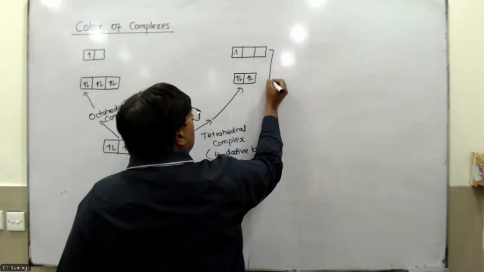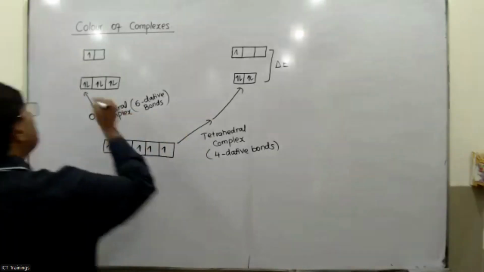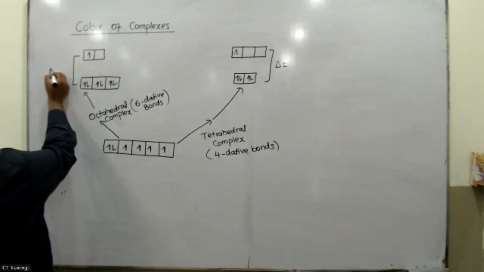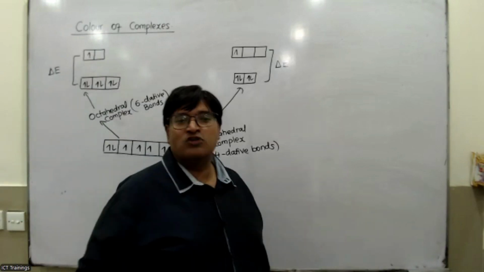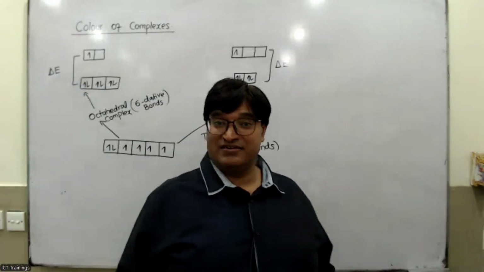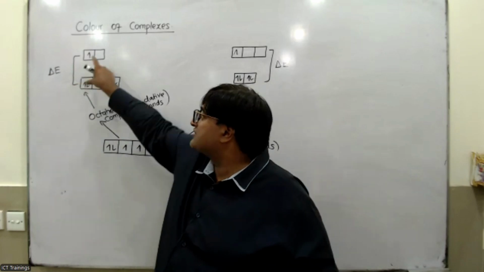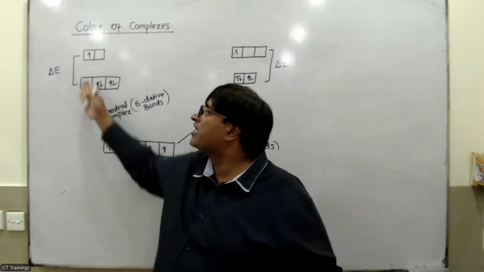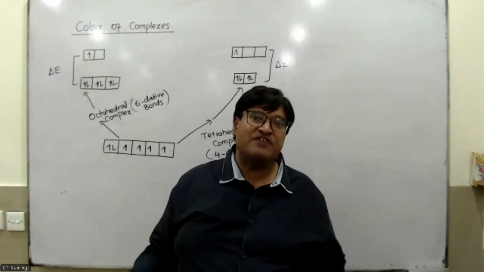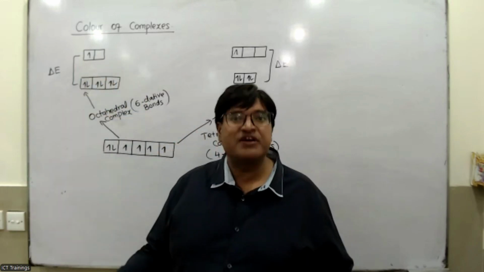Now, the difference of the energy level between the two sets of d orbitals is delta E, and that delta E depends on the type of ligand. If, let's suppose, it would be water, the delta E value would be different. If it were chloride, the delta E value would be different. If it were ammonia, the delta E value would be different.